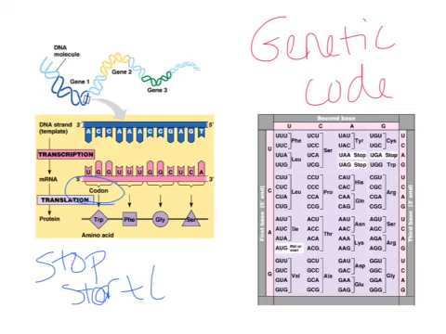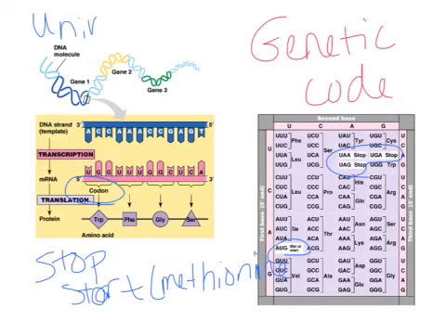Start is most of the time our methionine. You can see that right there, and you can see you've got your three stop codons there as well. And remember, your genetic code is also considered universal. The majority of organisms use the exact same code. So what I mean is that CUU codes for leucine.